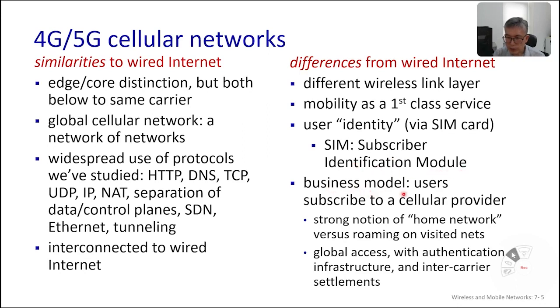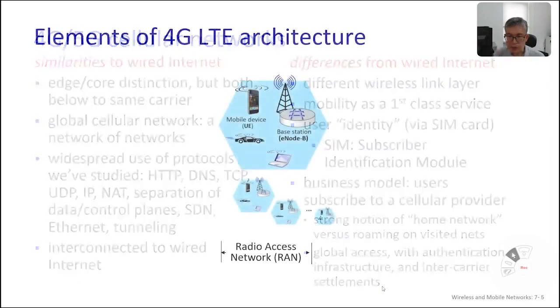Business model: the users subscribe to a cellular provider, like in Korea, SK Telecom, SKT, KT, LG U+. There is a strong notion of home network versus roaming in visited networks. Global access with authentication, infrastructure, and inter-carrier settlement.